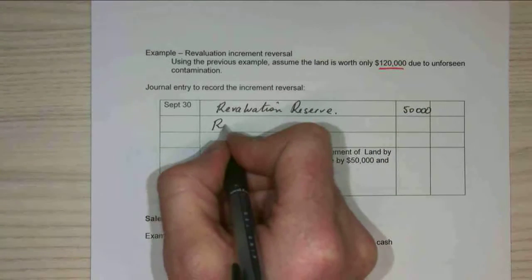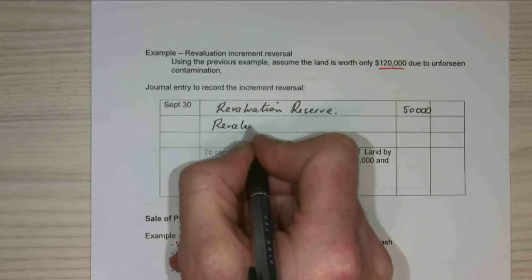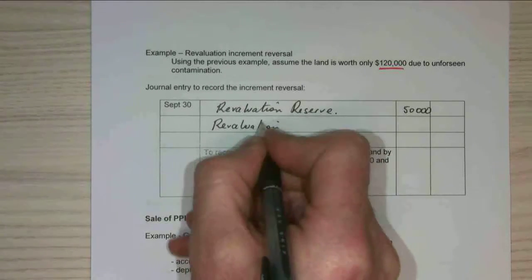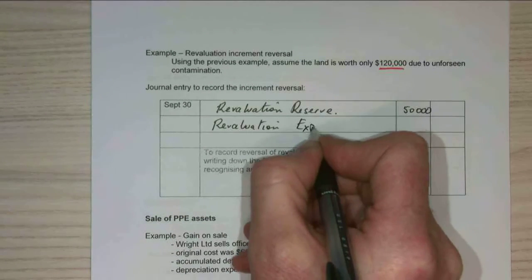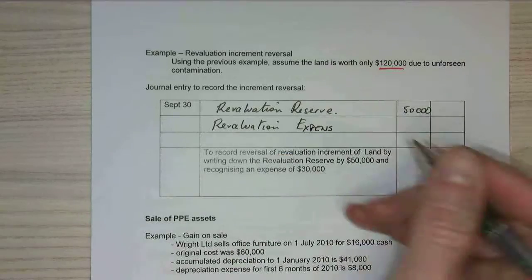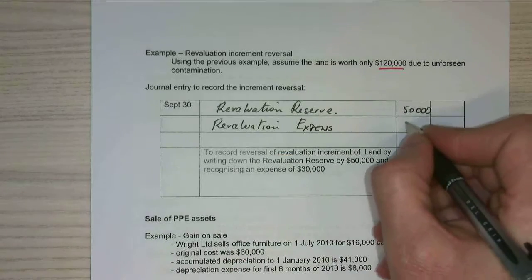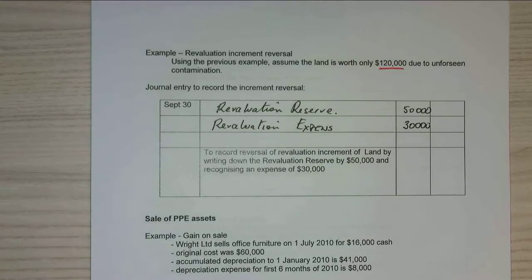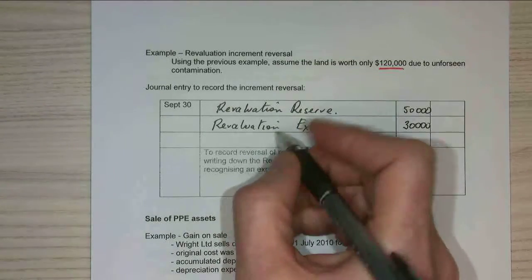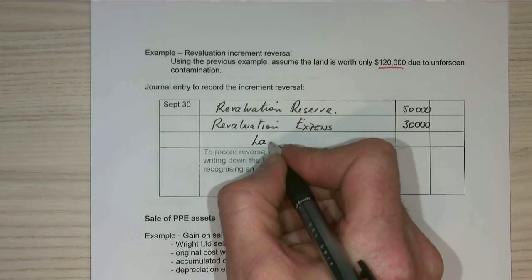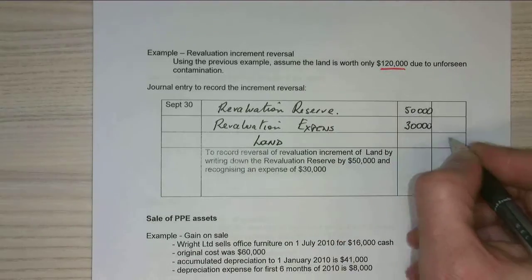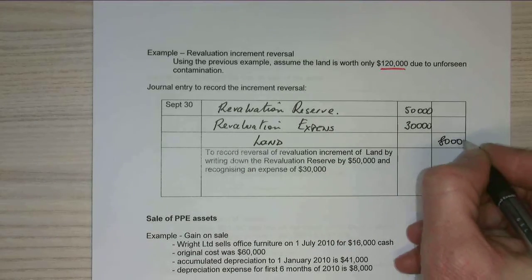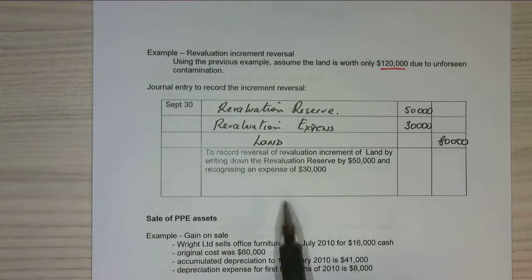And then I've got a revaluation expense of 30,000, which drops the value of my land from 200,000 down to 180,000. You need to refer to the textbook for that. So that's how I do a reversal of my land.